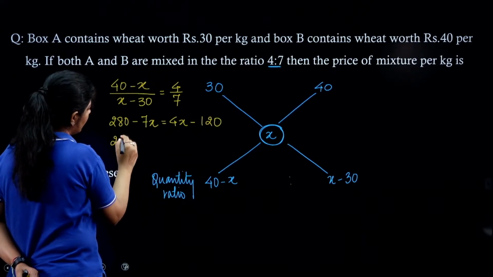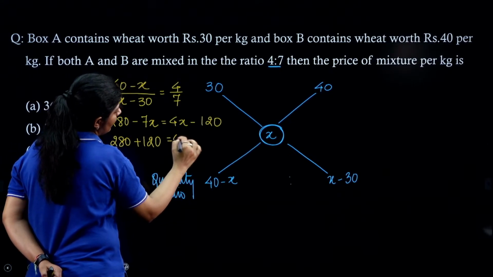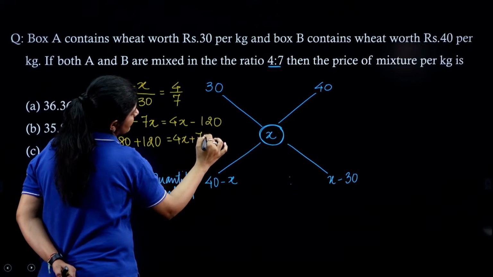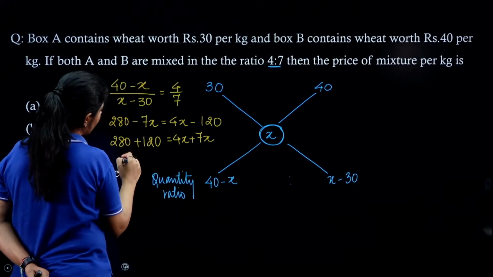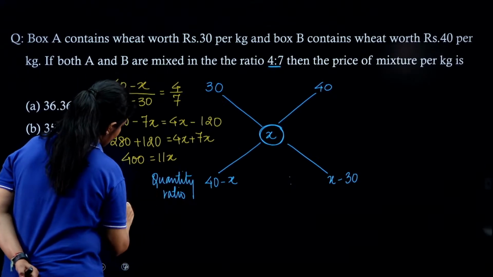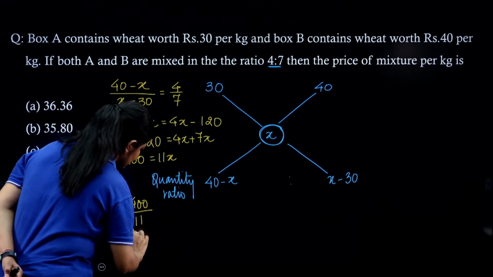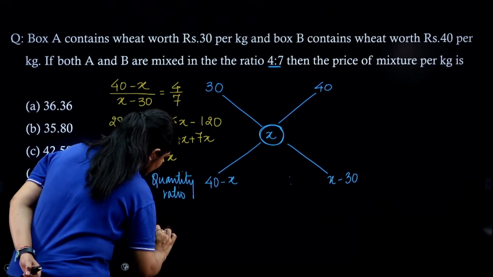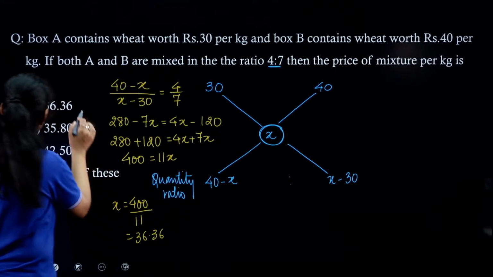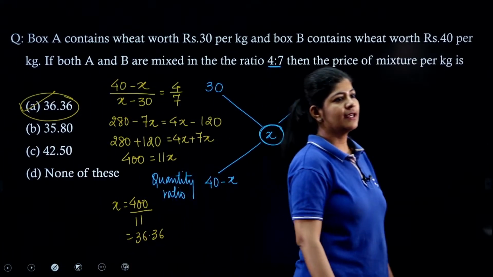So here 280 plus 120 equals 4x plus 7x, right? So here we are getting 400 equals 11x. The value of x is nothing but 400 by 11. This is nothing but 36.36. Option number A is the correct one.